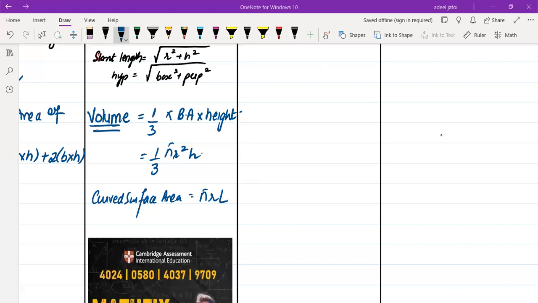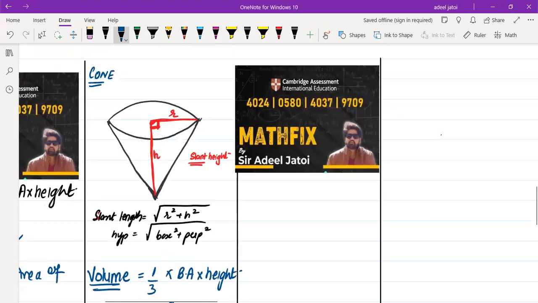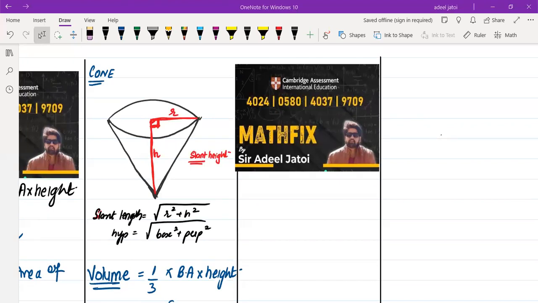Now let's just work upon the total surface area of cone. What you need to understand is what shapes the cone has, because surface area is the area of all the shapes. This particular thing will be your circle, so this is pi r square.